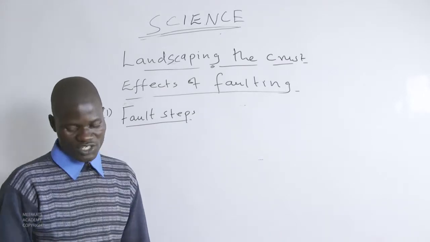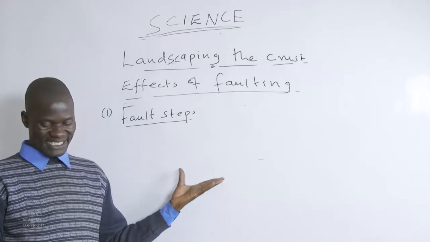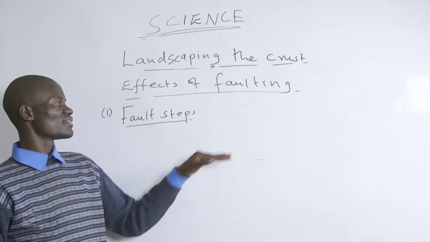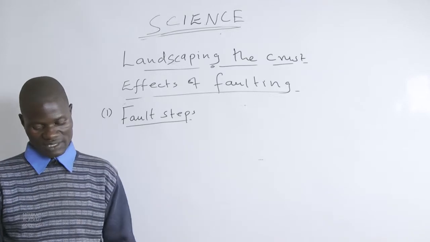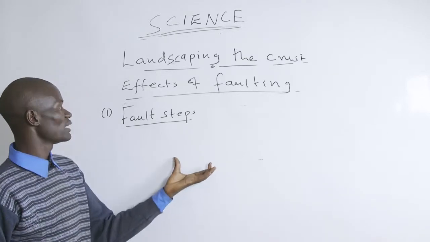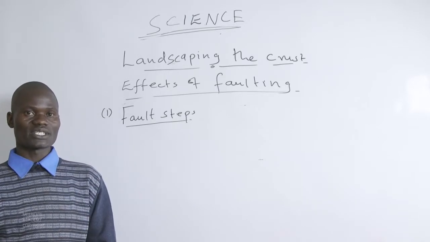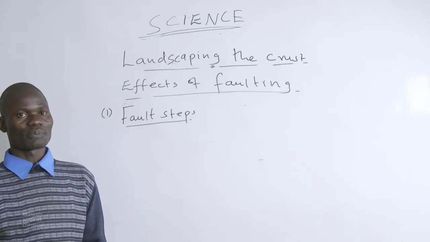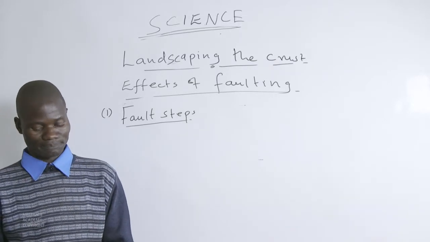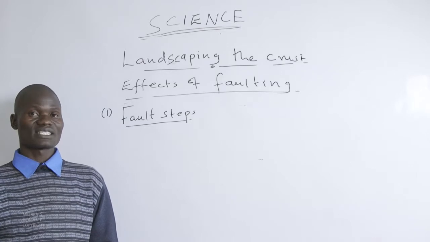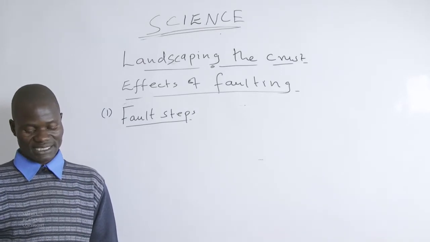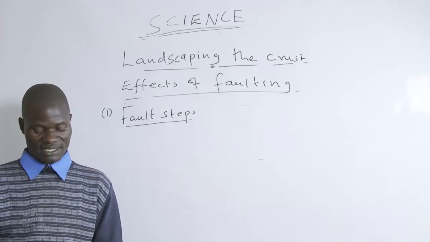Fault steps occur when a series of fairly parallel fault lines happen within the bedding planes of the earth crust, developing in the area of origin. That will produce a series of steps that result repeatedly at various levels.